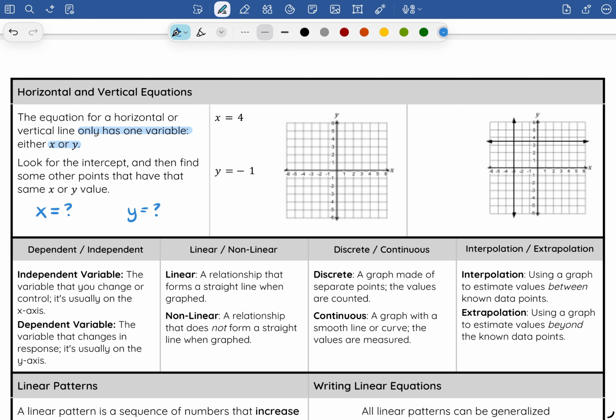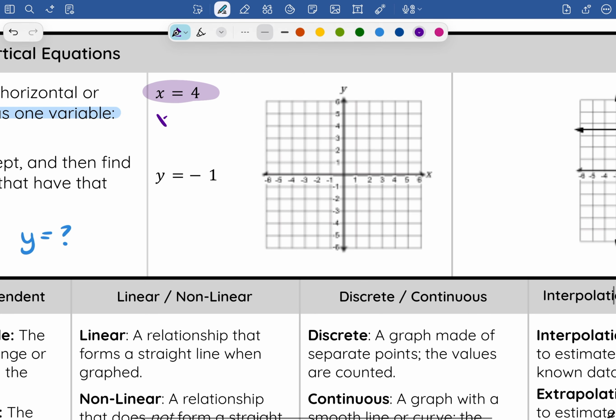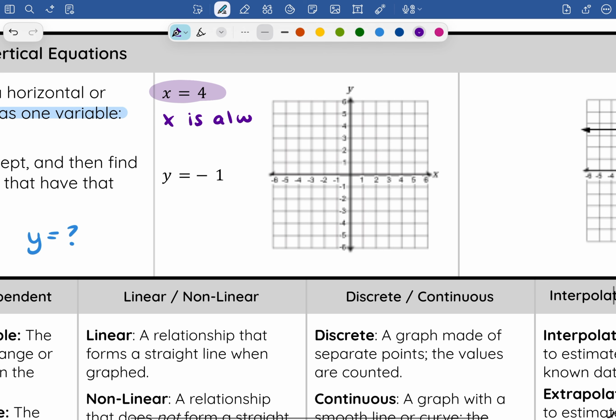And really, this is just an equation that tells us what that specific variable is at all points on the line. So for example, when it says x equals 4, this is kind of just instructions telling us that x is always equal to 4.